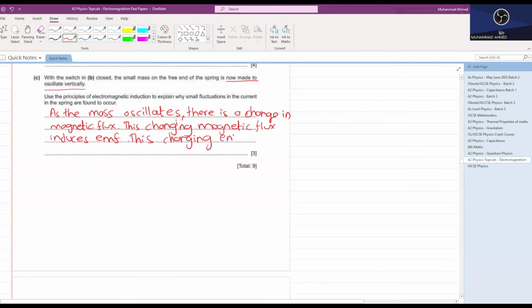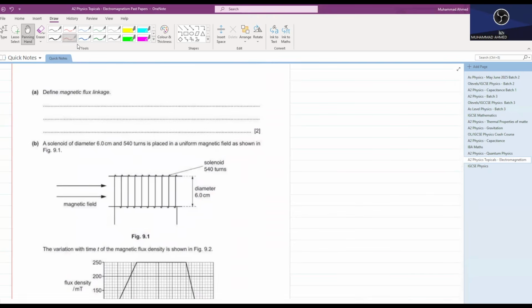This changing EMF causes the current in the spring to fluctuate. Simple as that. Let's move on to the next question.